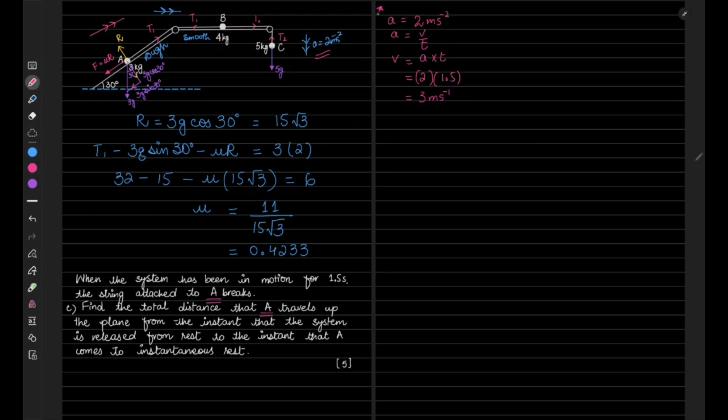Okay. Second thing that we need to find is the distance it has covered initially when the body is accelerating with 2 meter per second square, in 1.5 seconds. For that, as we have the constant acceleration, we can use the equation of motion.